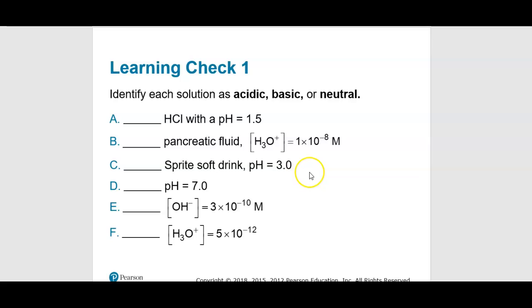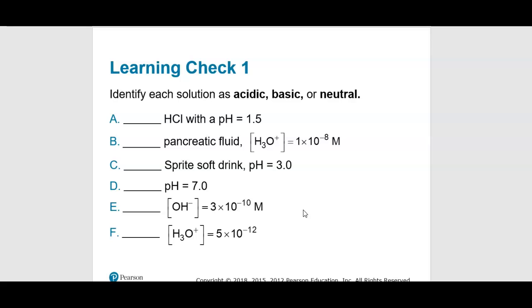Sprite, soft drink, pH is equal to 3. Well, a pH under 7 is going to be acidic. A pH of 7.0, that's neutral. And then you have a hydroxide ion concentration of 3 times 10 to the minus 10th.